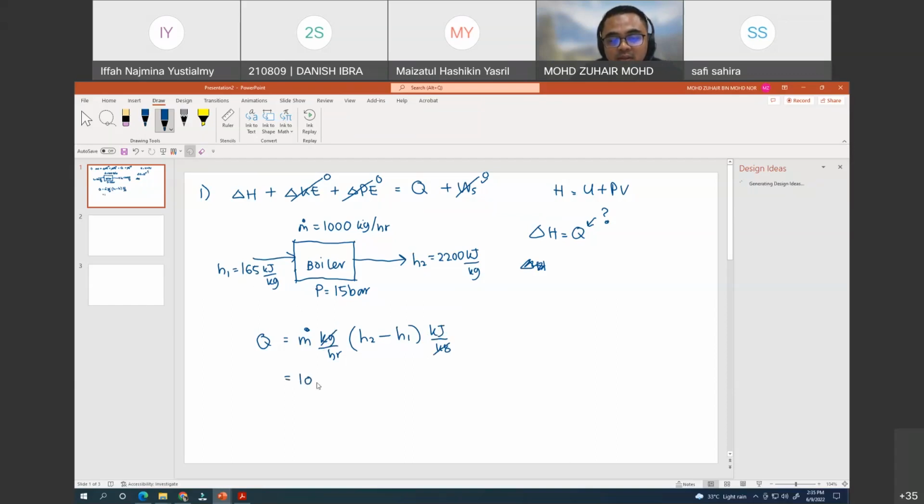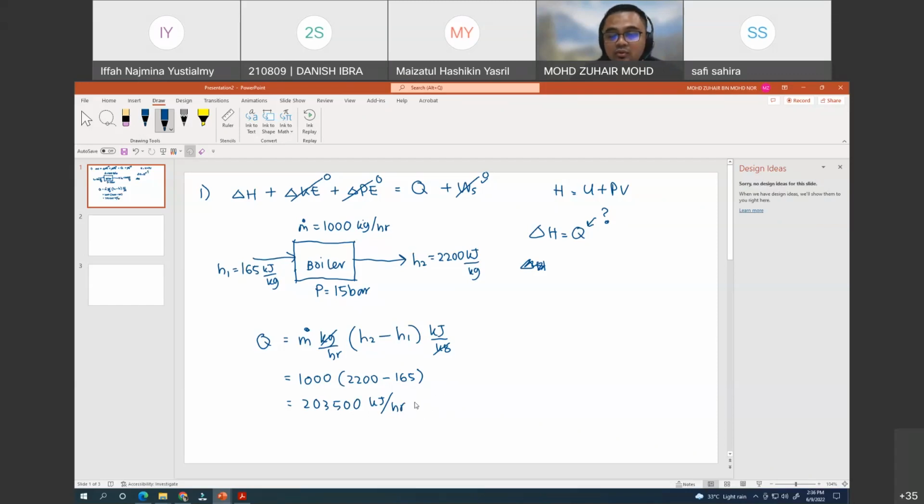We have 1000 times 2200 minus 165. We are going to get 2,035,000 kilojoule per hour. Okay, but normally we are going to change into SI unit, and in SI unit hour should be in second.